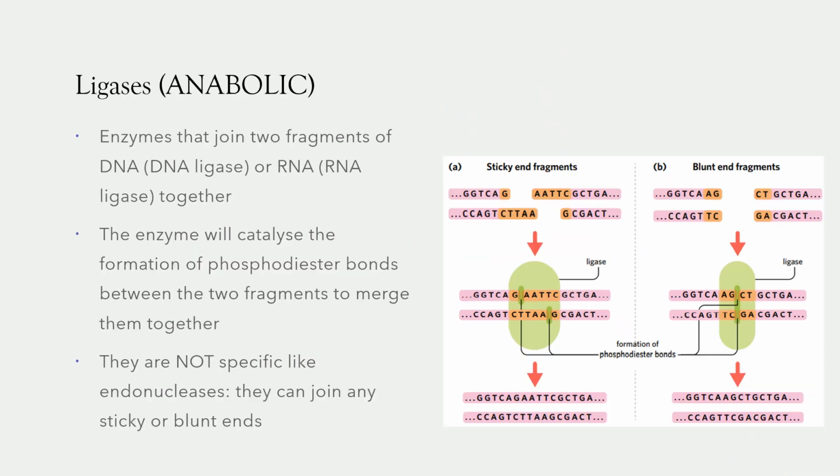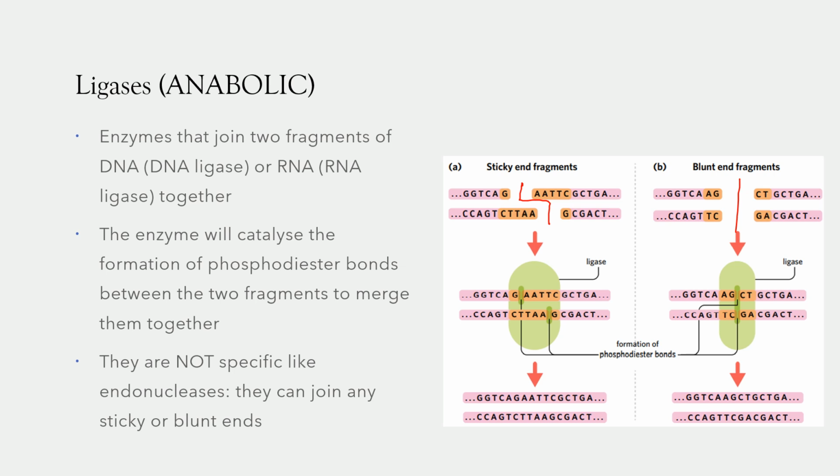Ligases are almost like the opposite, okay? When the endonuclease comes and snips the DNA, the ligase comes and puts it back together again. It's like the glue of our genome. They are enzymes that join two fragments of DNA or RNA. You can see in this example here, this is the cut that we just made with these restriction enzymes.